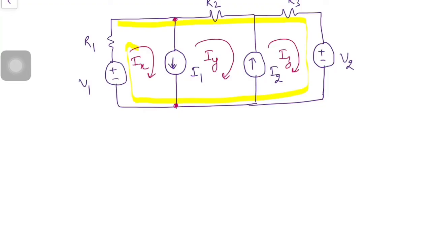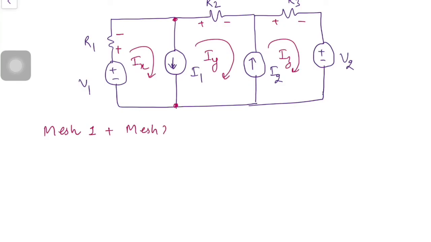So as per the direction of each mesh current Ix, Iy and Iz, we will assign the polarity of voltage drop across each resistance: plus minus, plus minus, plus minus. And then we apply KVL to mesh 1, 2 and mesh 3, making a supermesh, meaning KVL is applied to the supermesh.